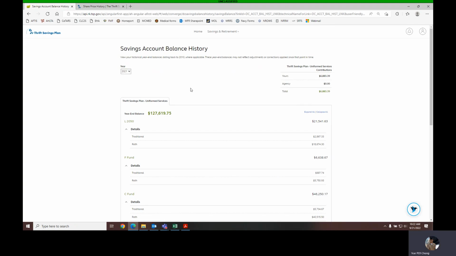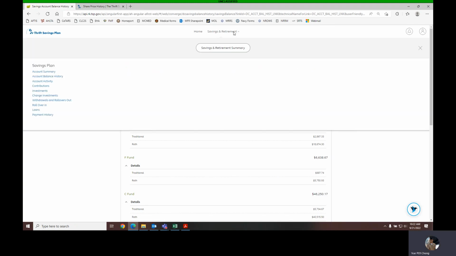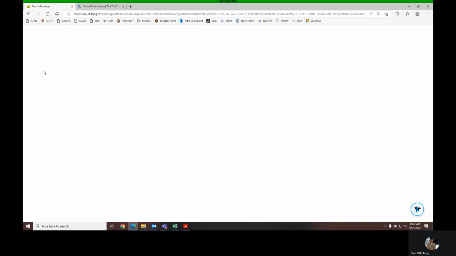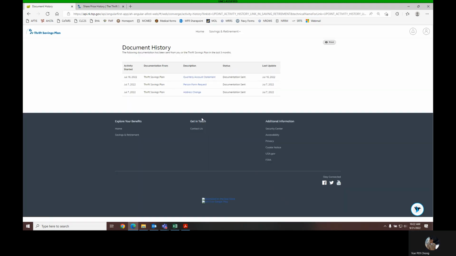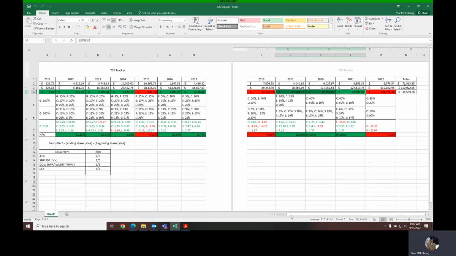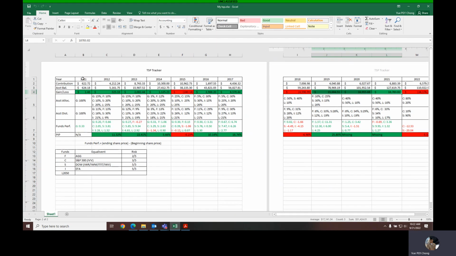So using all that data, actually what I did was document history. I used my quarterly account statements and made my own TSP tracker all the way from 2011 when I first joined until 2022, right? So as you can see, we all started in the same way.